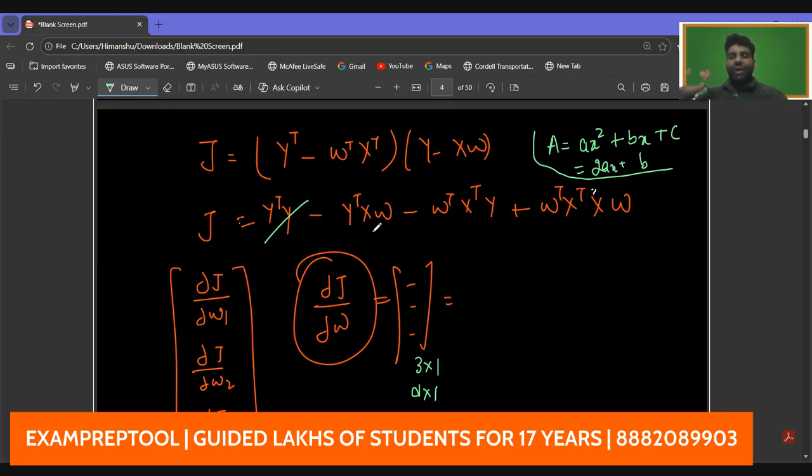Or you need to know the proper matrix calculus. So if I just avoid it, I shall be getting a dimension of d cross 1 or 3 cross 1. What was y? Can you remember what was the dimension of this? This was n cross d. This was your 1 cross n. So if you can see, this was overall giving you 1 cross d already, but you wanted d cross 1.